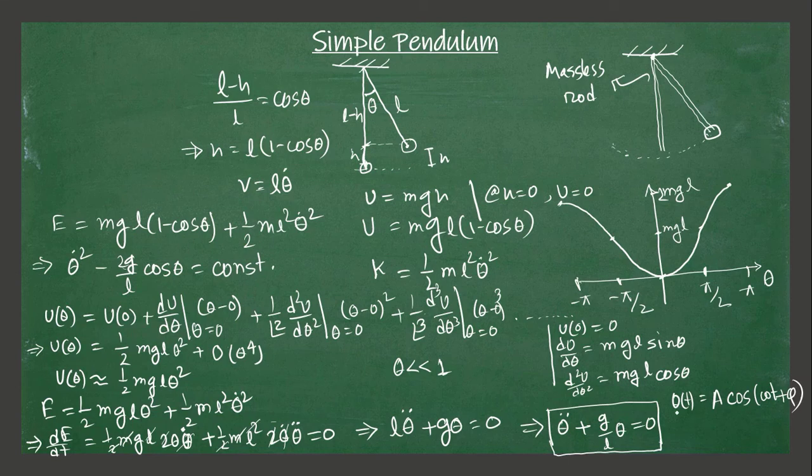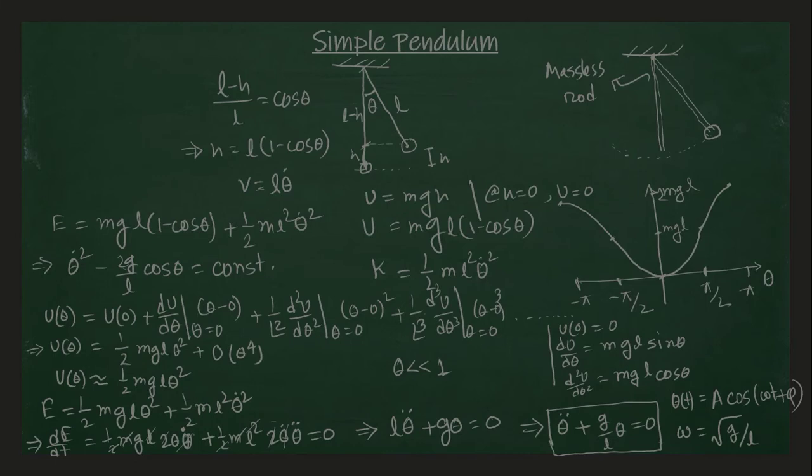This will be the form of theta here, where omega is the angular frequency, and from this equation we can tell that omega is equal to square root of g over L. So this is how we can approximate the motion of a simple pendulum using the energy approach.